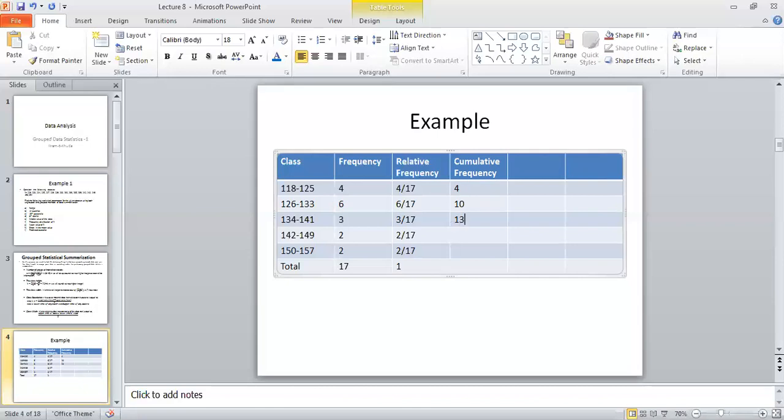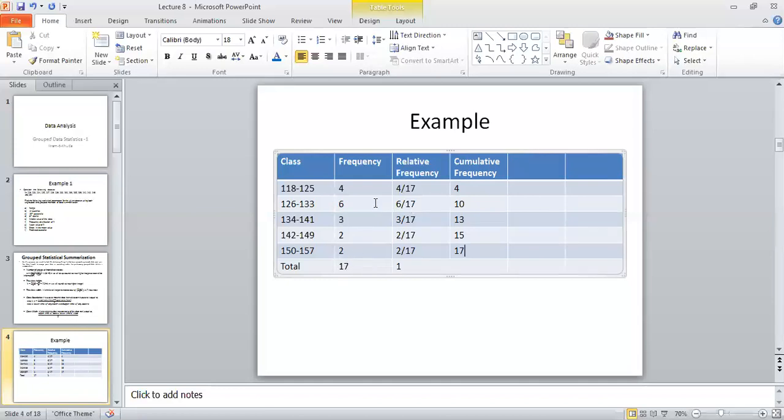We are going to sum the frequencies in this way. The frequency for class 4 was 2, and the sum of the frequencies of the previous classes was 13. So 2 plus 13 is 15, and likewise 2 plus 15 is 17. This is also a verification that the last cumulative frequency should be equal to the total frequency that we got in the data set.